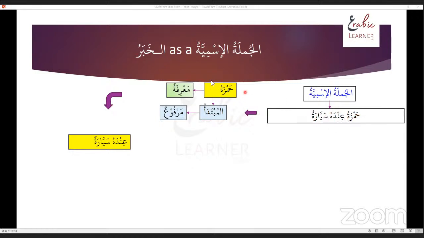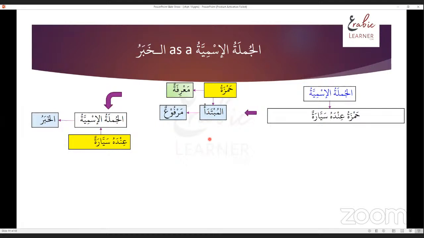So Hamza, no doubt, is mubtada. And here in this case, you will say indahu sayyaratun is khabar. Now, I didn't mention this before. This is the first time you are learning that, which means that a khabar can be jumla ismiya also.